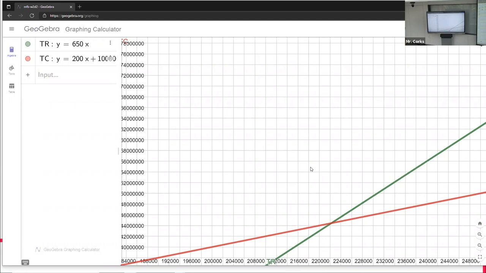Okay. So I looked up the sales data. Again, 220,000 is the amount that they needed.